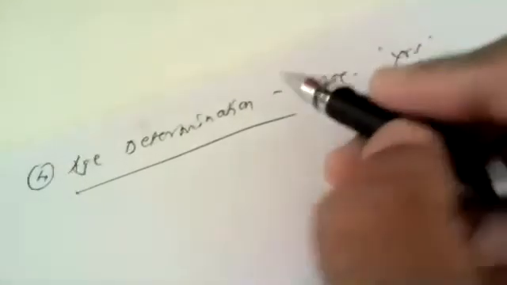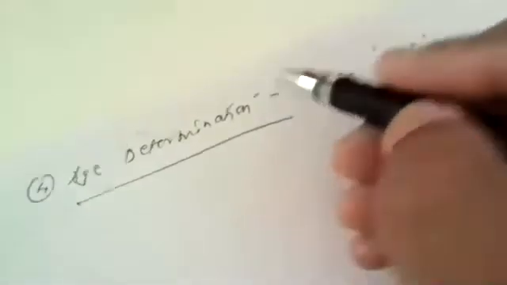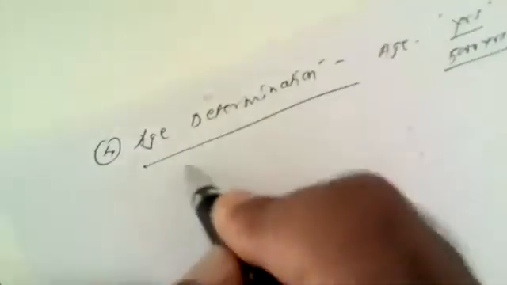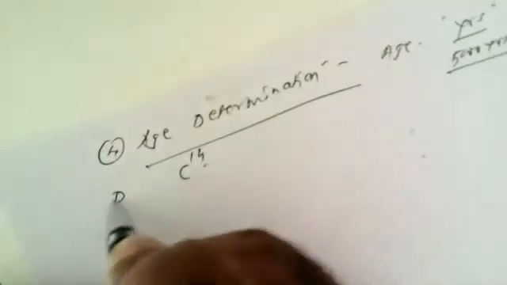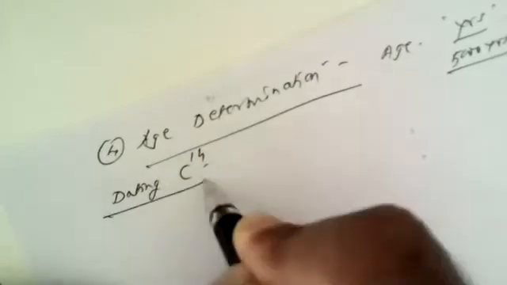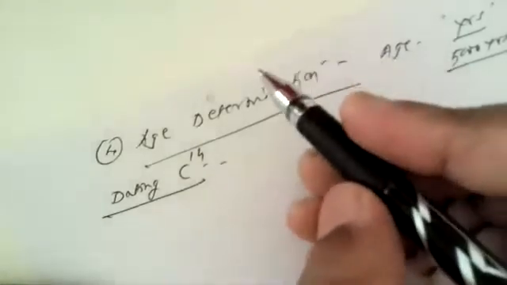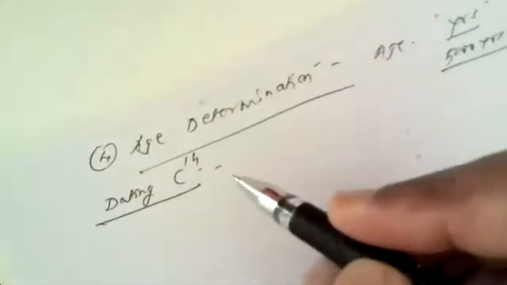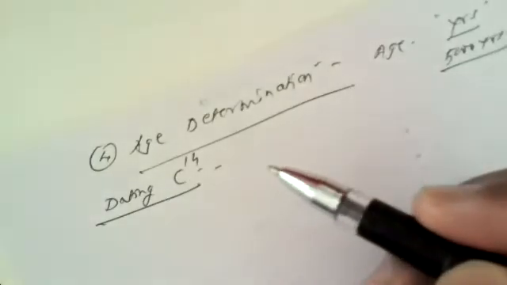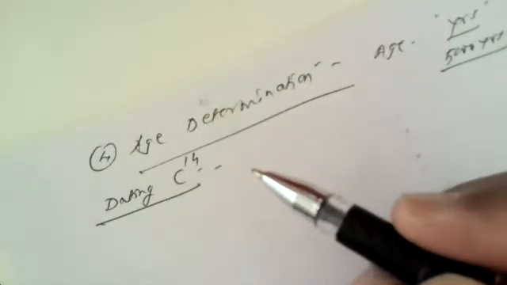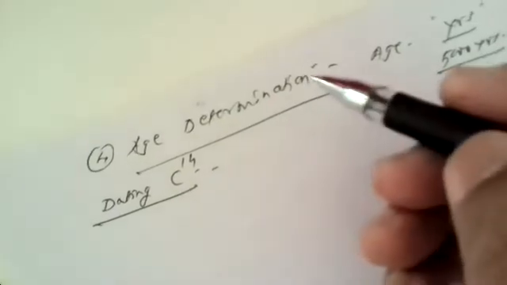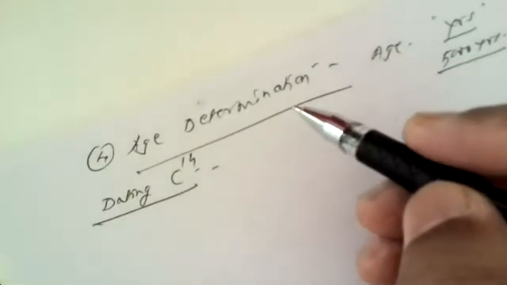For this purpose, the age determination method is known as carbon-14 dating, a dating by the carbon-14 isotope. This is the only suitable method by which nowadays only a very small quantity of sample is required.